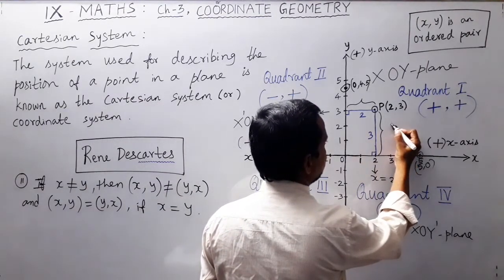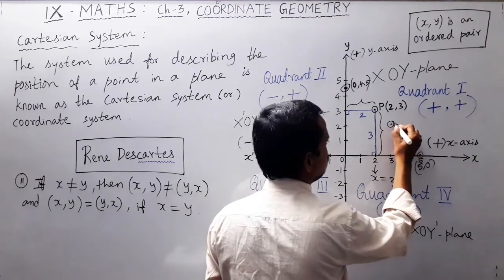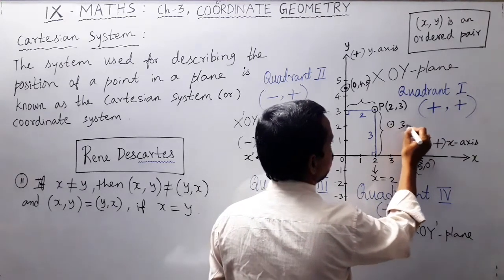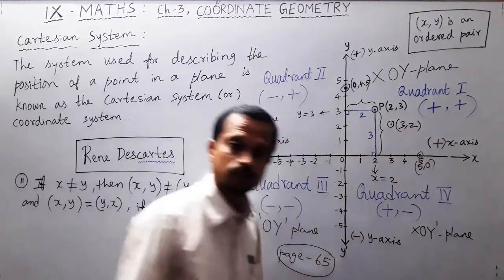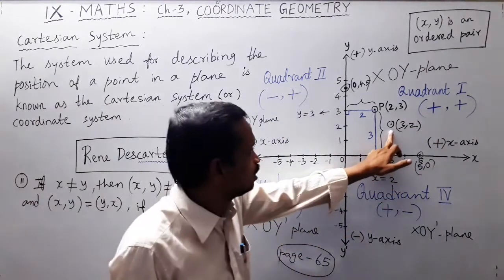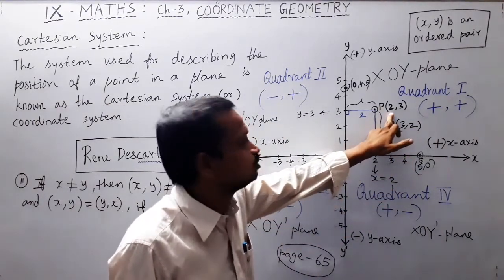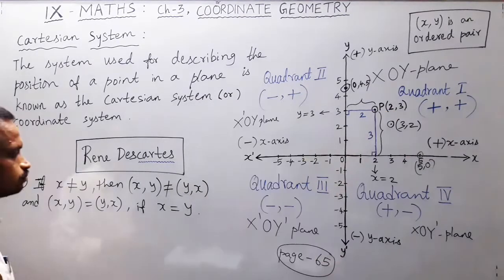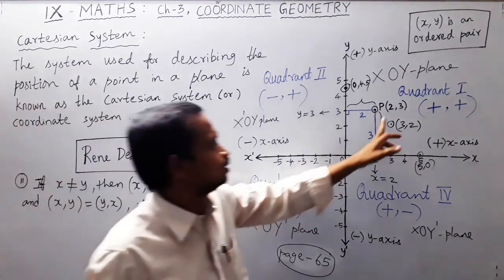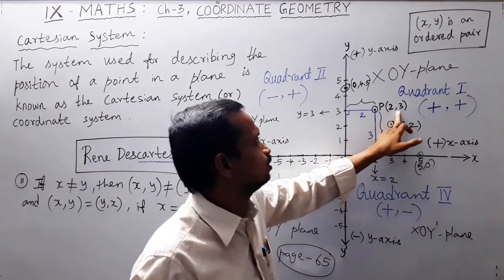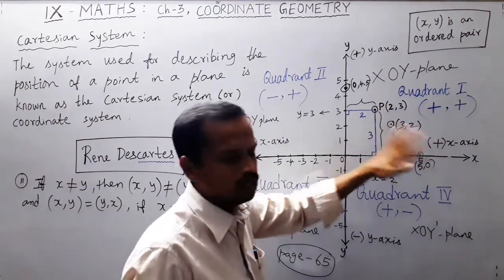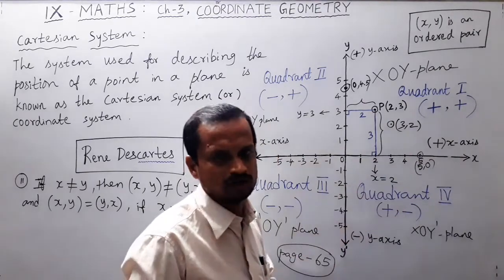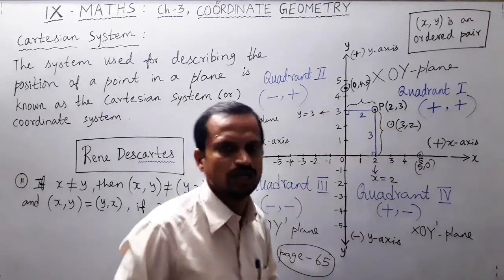Then the point will come here. So this is the point 3 comma 2, and if you write 2 comma 3, this is the point. If the order is changed, 2 comma 3 as 3 comma 2, they are not equal points. This is 2 comma 3 and this is 3 comma 2.